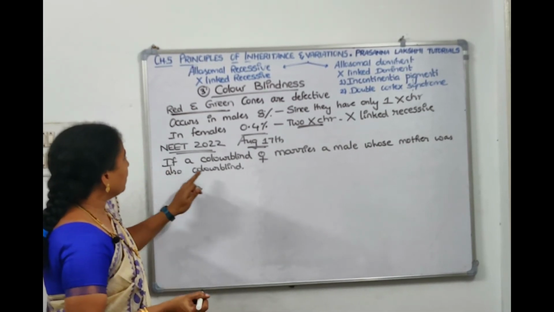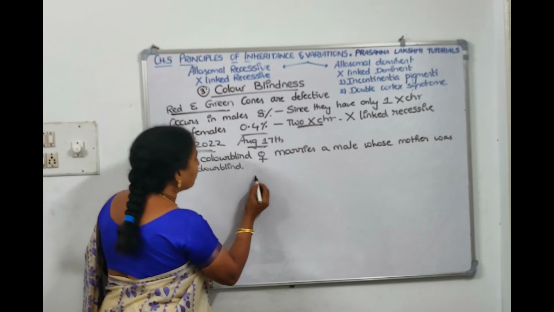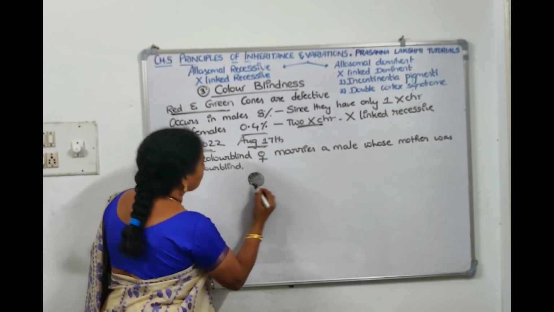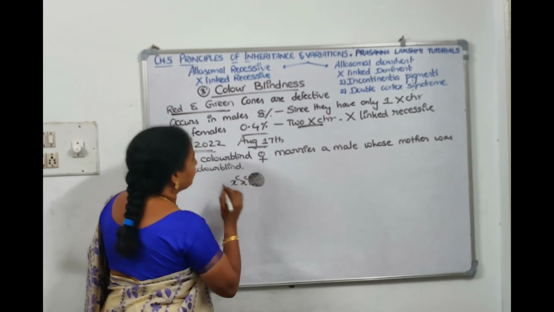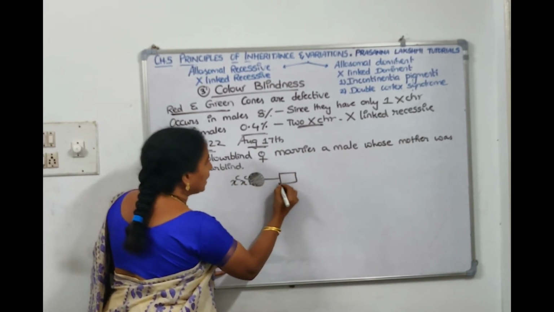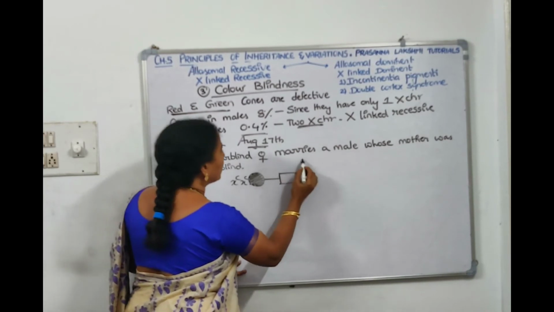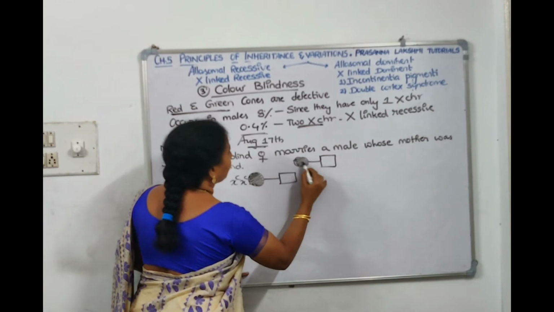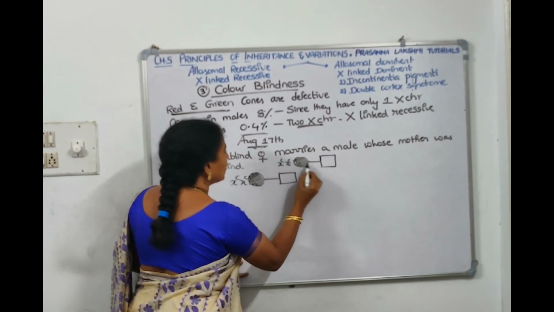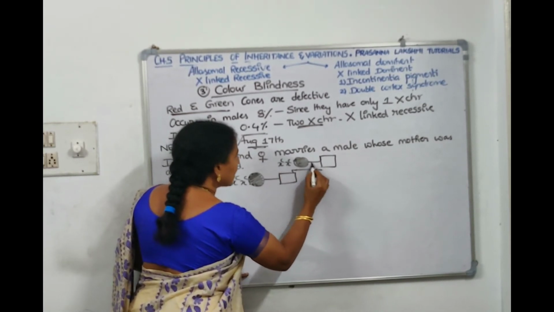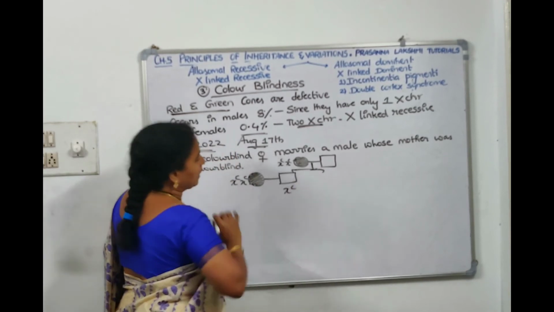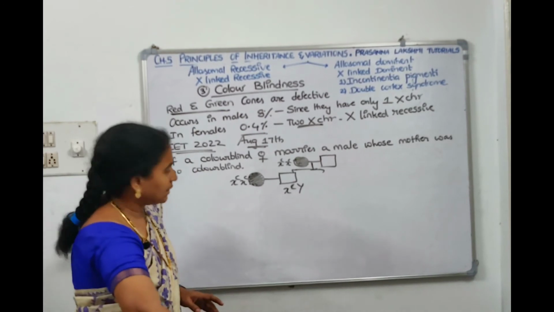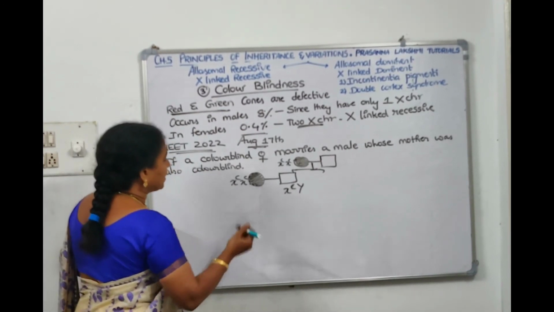Let's draw the pedigree. The colorblind female is XcXc, married to a male whose mother is also colorblind, XcXc. Then this son will get Xc from the mother, so he is XcY.